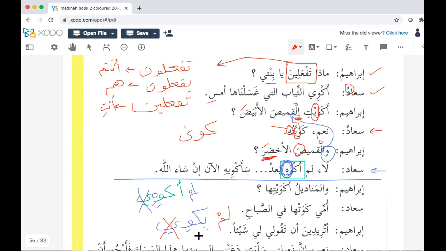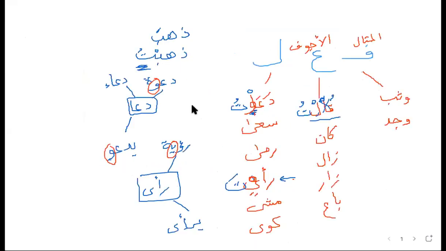If you go to our list of verbs on the whiteboard, yad'u, yas'a, yarmi, yara, each time you delete the last letter, the harf al-illa, and you'll see the results and start recognizing them.